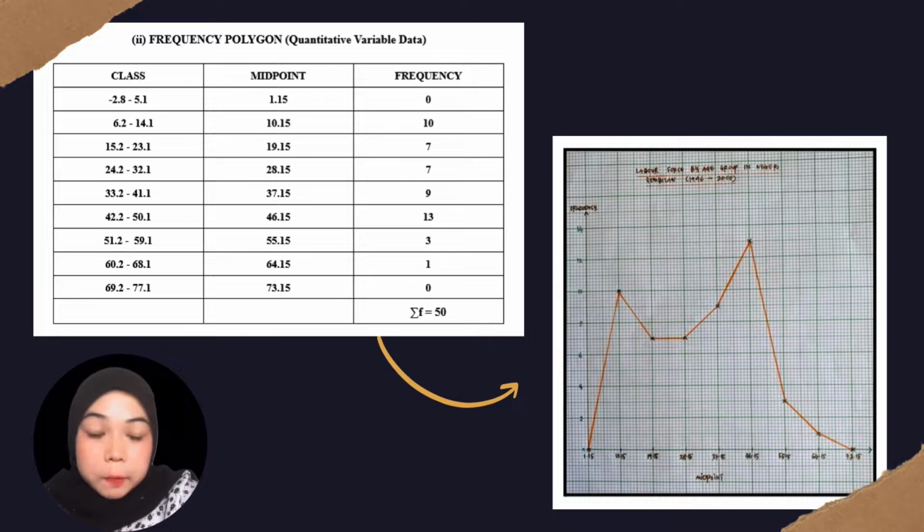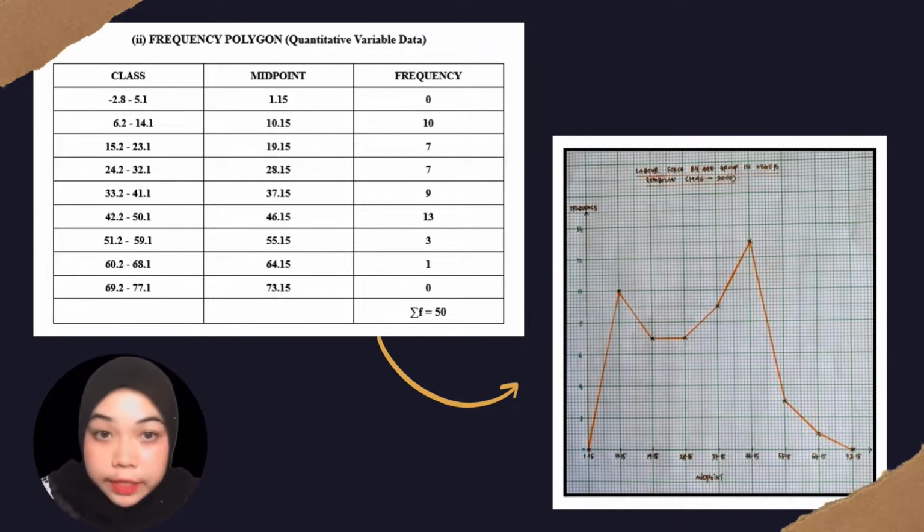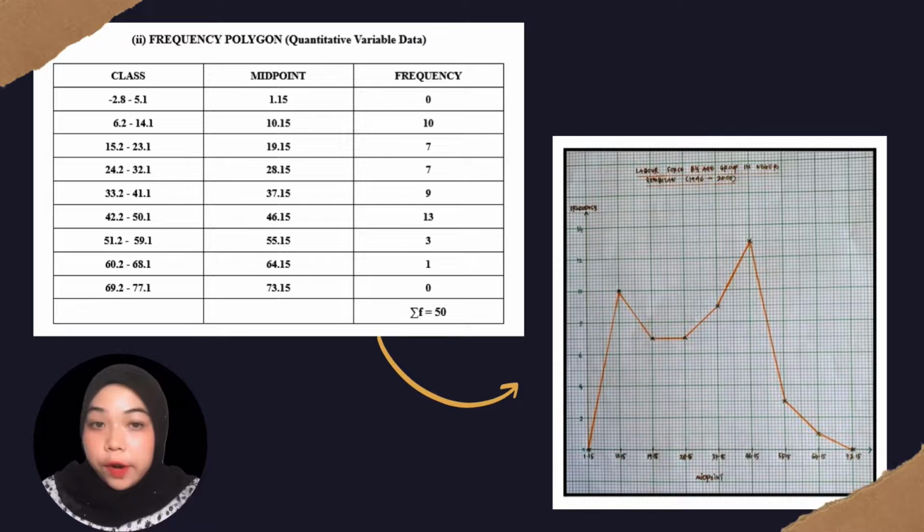Okay, a frequency polygon is a line graph that emphasizes the continuous change in frequencies. A frequency polygon also has 3 points we need to follow. The first one is about the horizontal scale.